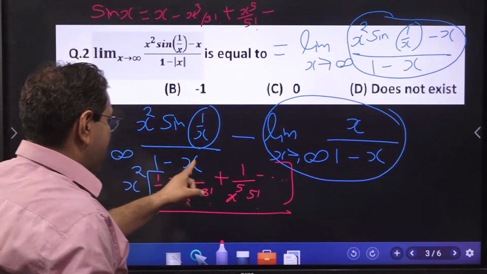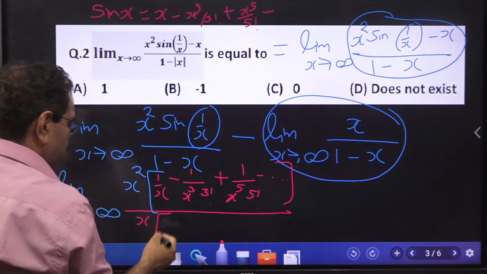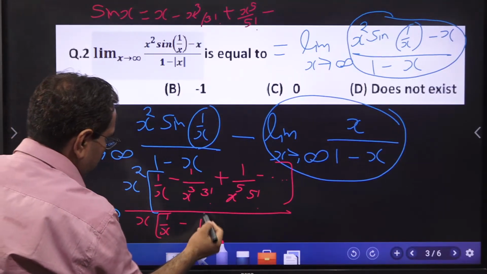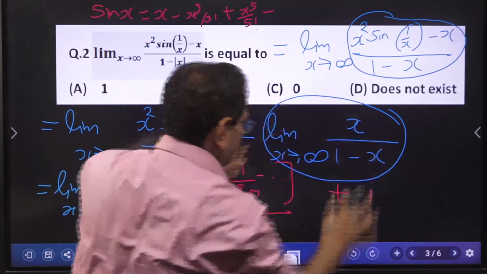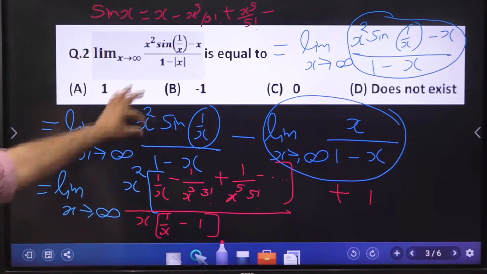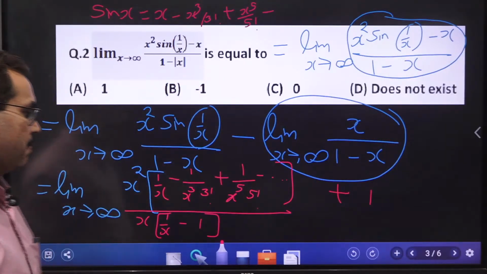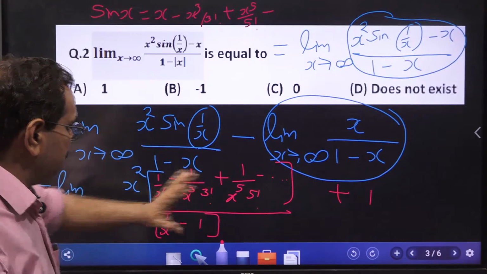divided by, now take x common from this denominator. So x into 1 upon x minus 1, and this was minus minus plus 1. So plus 1, here we have this quantity plus 1 and we have to compute this. What we did: we used the expansion of sin 1 upon x and here we divided the denominator by x, 1 upon x minus 1.